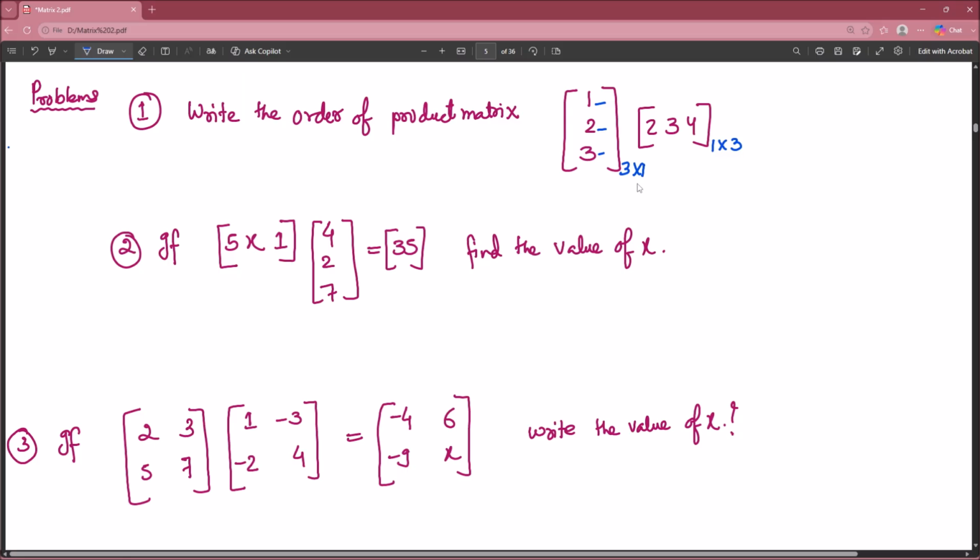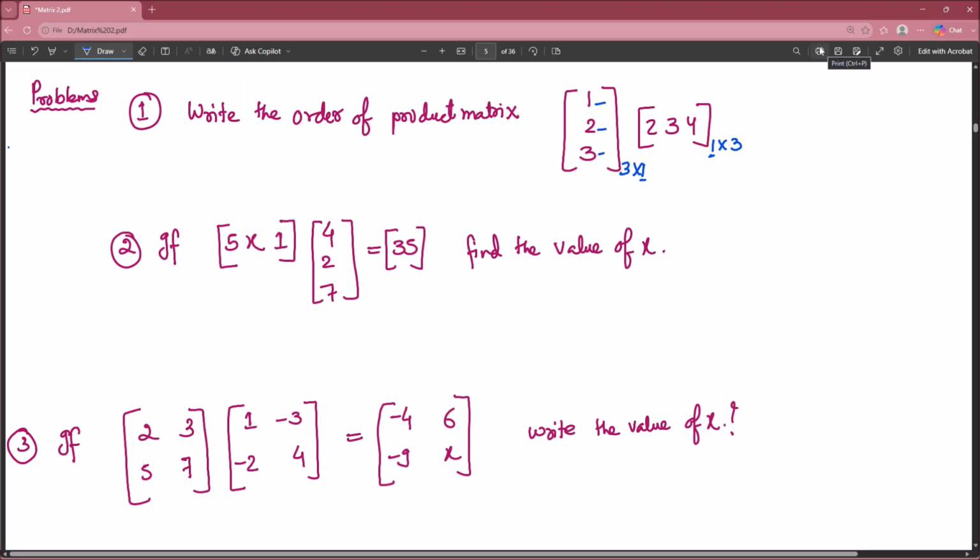As we know, for matrix multiplication, the number of columns of the first matrix should be equal to the number of rows of the second matrix. Here 1 and 1 are both the same, and the product will be 3 into 3.